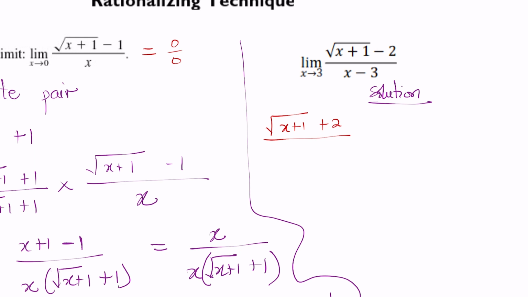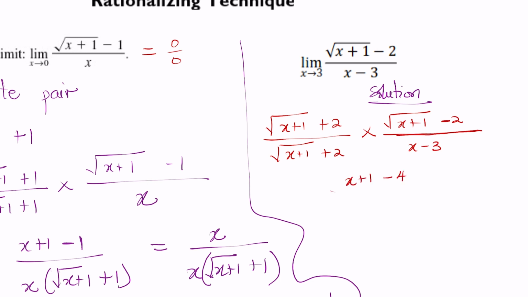So I'm going to multiply everything by that, the square root of x plus 1, plus 2, times the square root of x plus 1, minus 2, divided by x minus 3. And again, this will give us x plus 1 minus 4 divided by x minus 3 into bracket the square root of x plus 1 plus 2.